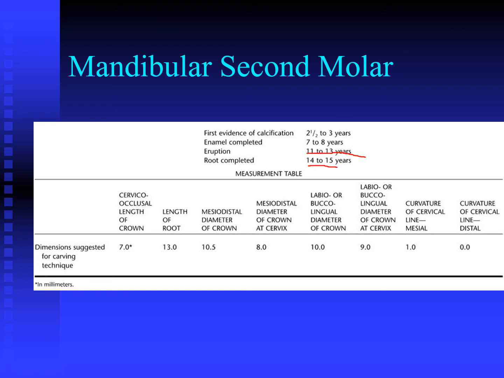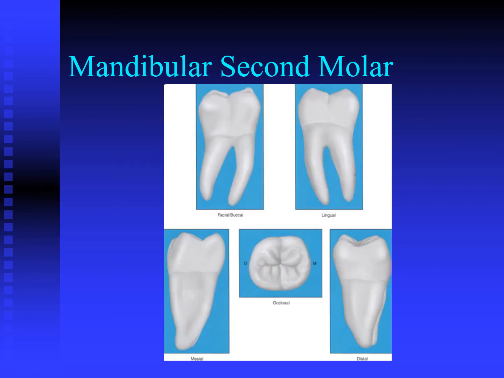The mesiodistal diameter of the crown is slightly larger than the buccolingual diameter of the crown, although it doesn't look as prominent as it does on the first molar. 2 roots, again, a little smaller diameter of the tooth, and otherwise pretty similar characteristics. Very easy.